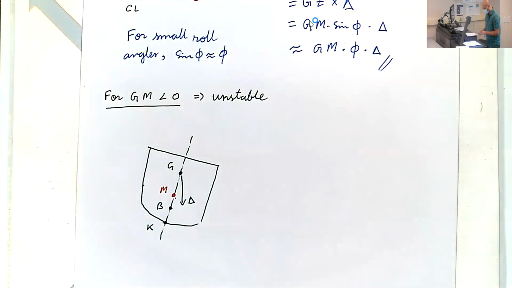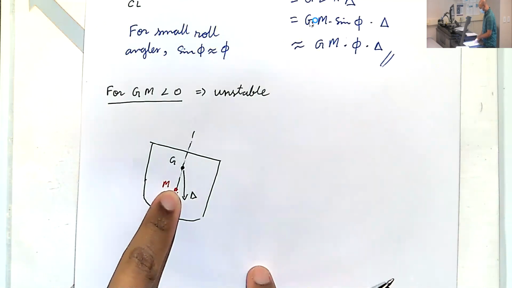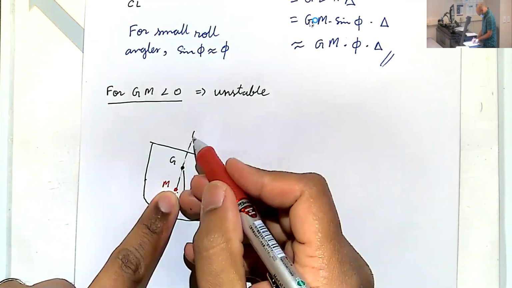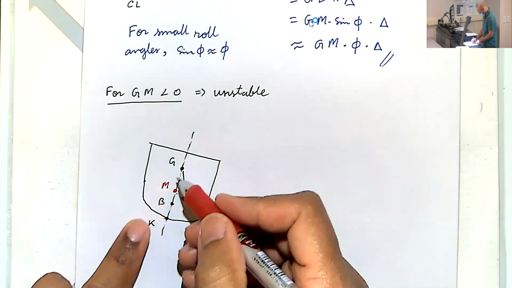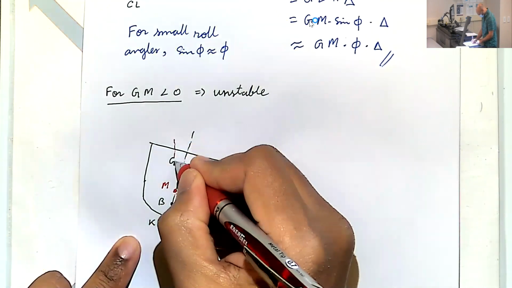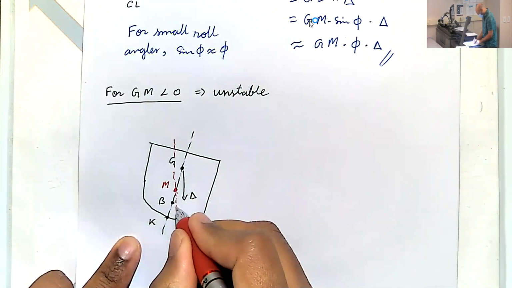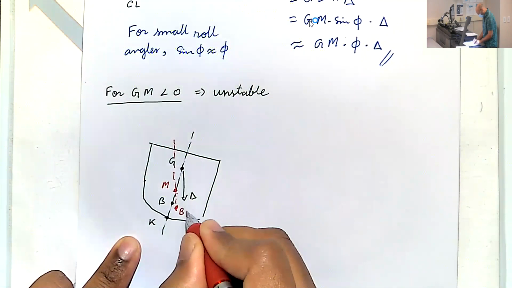Remember the property of this metacenter? This metacenter is at the intersection of the center line and the perpendicular to the water line. So our new B prime is located somewhere here.